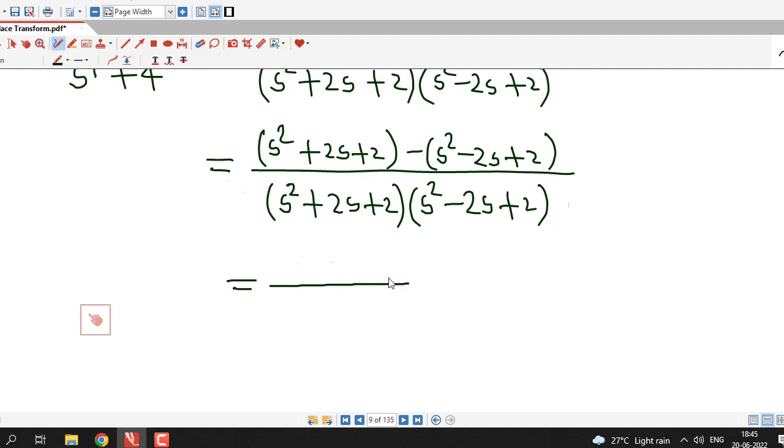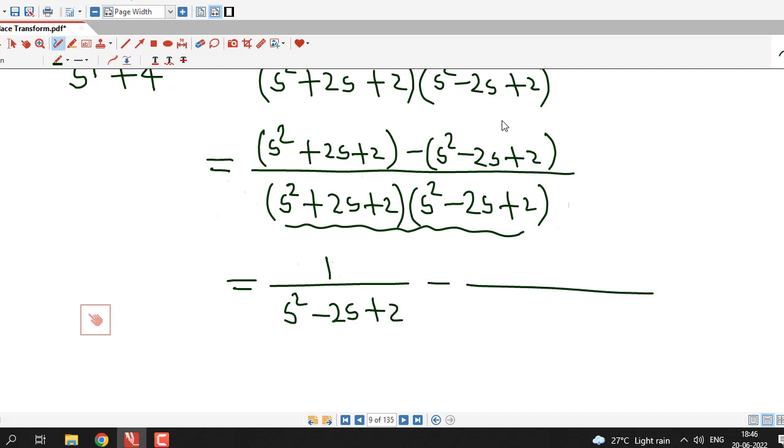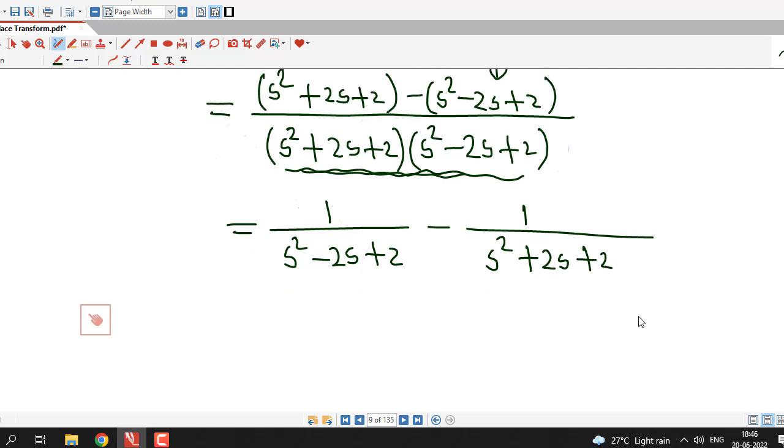This we can rewrite as we divide s square plus 2s plus 2 by this product. So s square plus 2s plus 2 will cancel out, and we have s square minus 2s plus 2. Similarly, we divide s square minus 2s plus 2 by this product, and we are left with 1 divided by s square plus 2s plus 2.